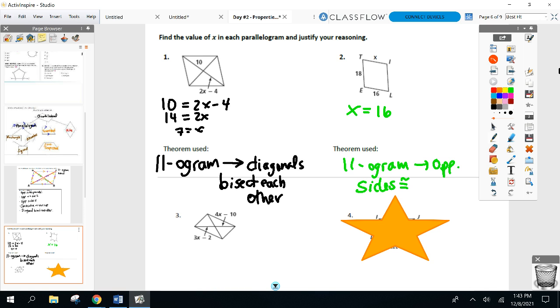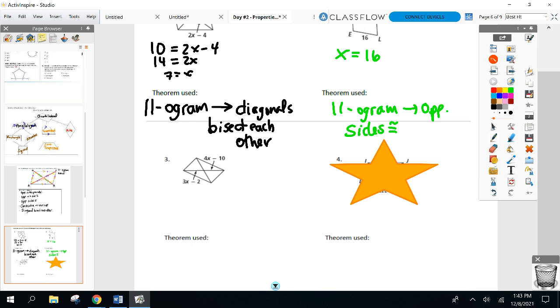And just one more. Anytime I'm doing the sides and diagonals are always easy. 3x minus 2 equal to 4x minus 10. X equals 8.